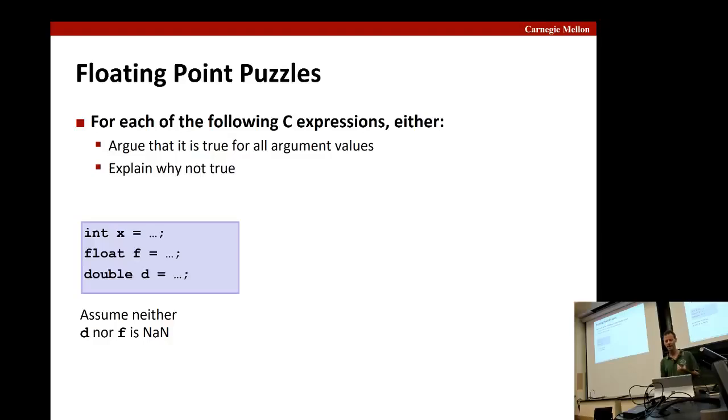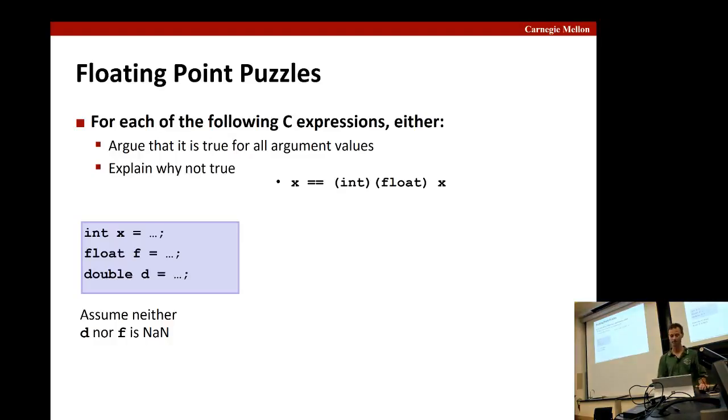Okay, so given that in mind, let's do a few puzzles. Okay, so is this true? If I take an integer x and I cast it to a float and then back to an integer, do I get back the original x? Not necessarily, because if the int takes up more than 23 bits, right, it'll get rounded.